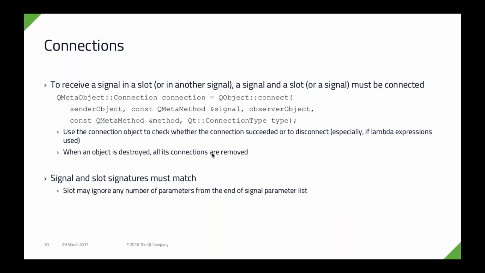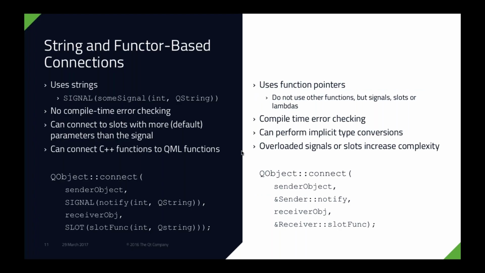So signals and slots signatures need to match. Of course, if you're calling a method directly, of course the signatures need to match, and it's the same with signals and slots. The signatures need to match. There's two ways of creating connections. You can do it using strings.